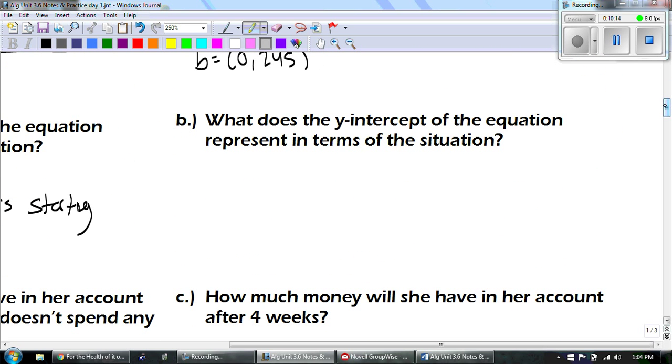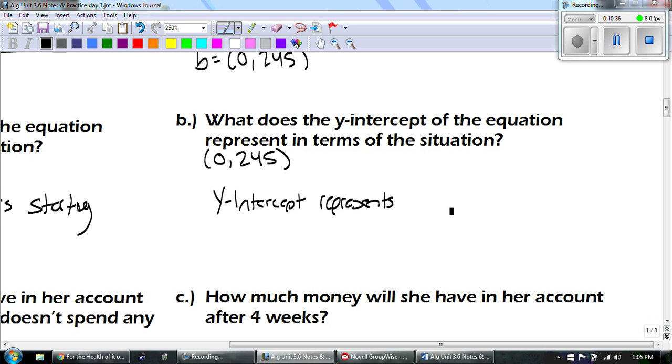So what does the y-intercept of the equation represent in terms of the situation? Well, we just said that the y-intercept was 245. So what does the y-intercept mean in this equation? It represents how much money, who are we talking about?